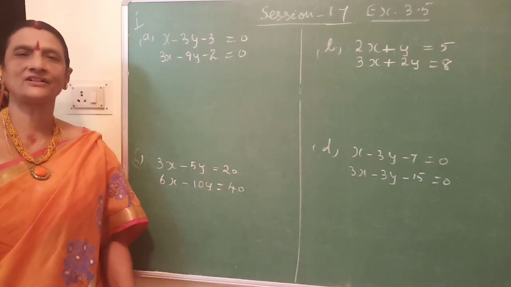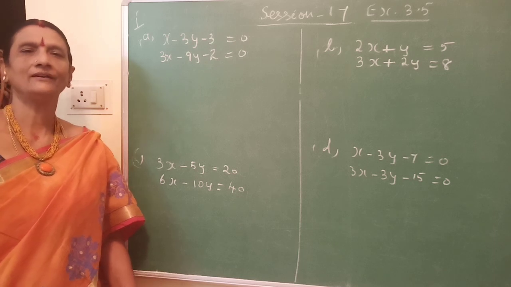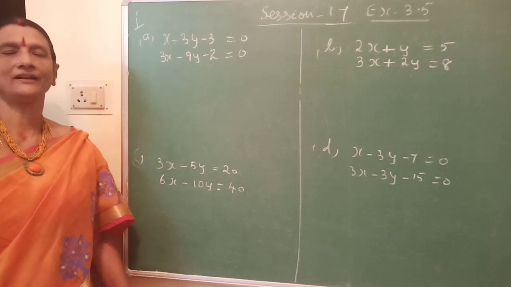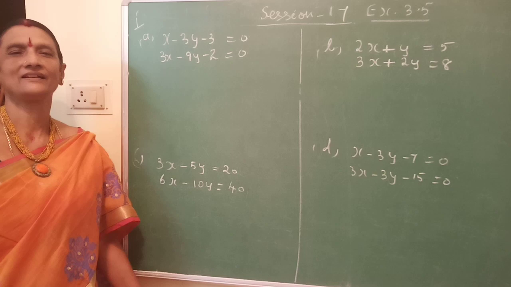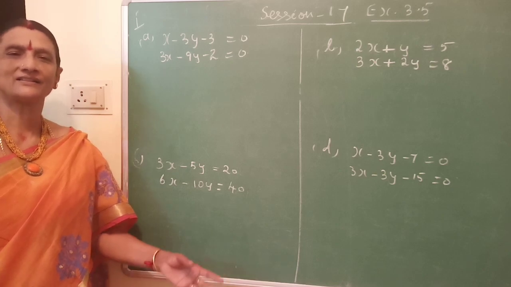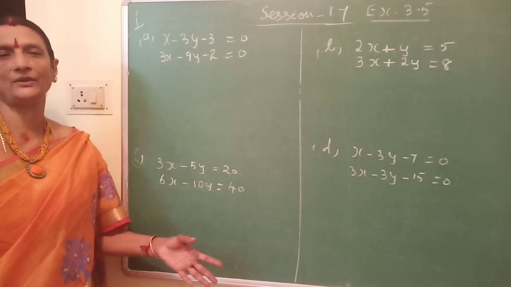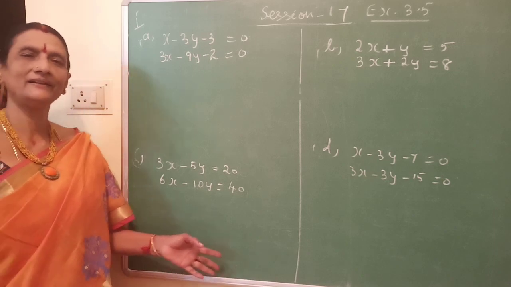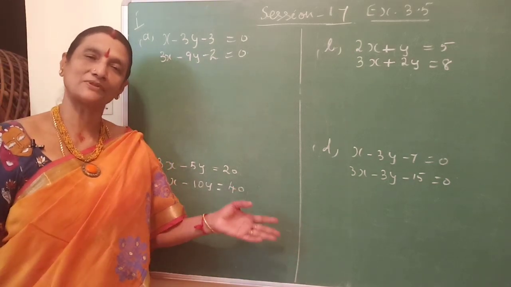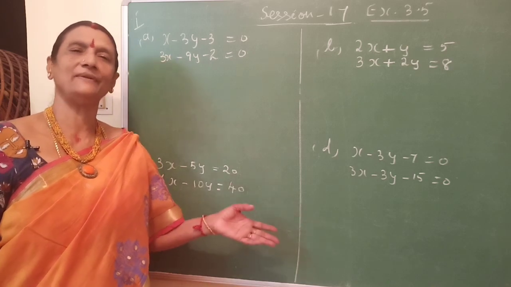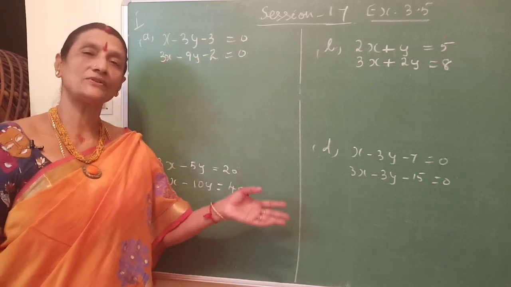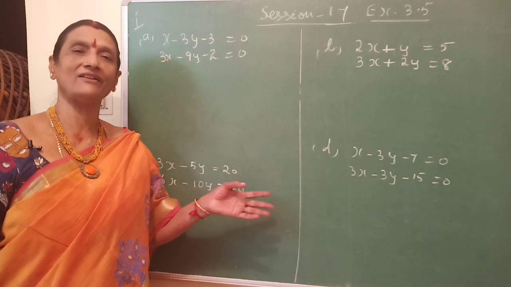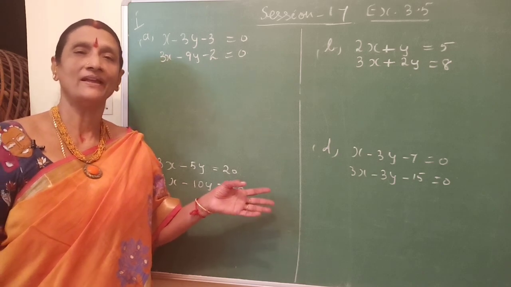Till the last session we worked out different methods to find the solutions of two linear equations given to you. First is by graphical method. Then we saw substitution method, then elimination method, and using the elimination method we derived a formula for finding the value of x and y.